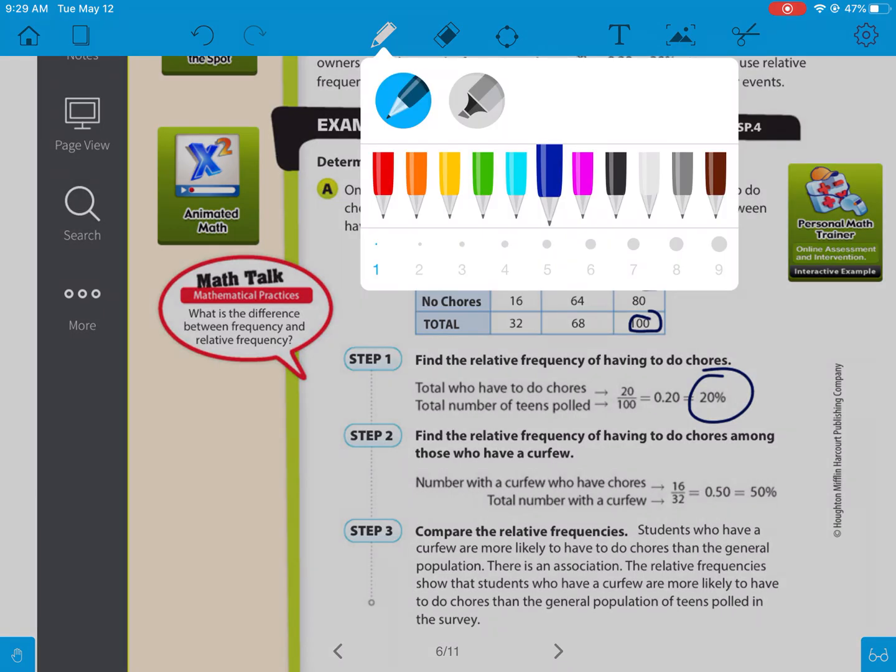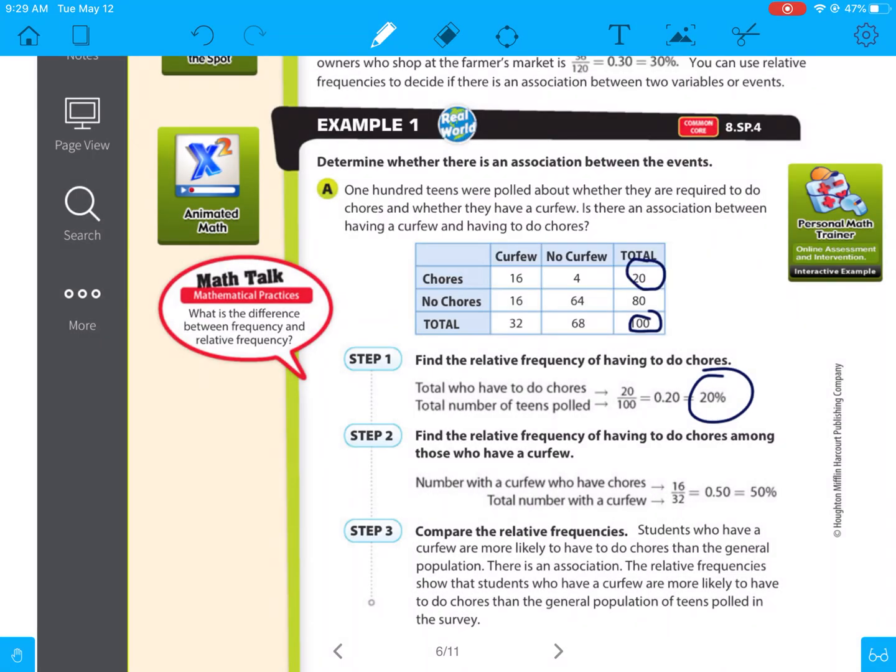Now we have to find the relative frequency of having to do chores among those who have a curfew. So we're only going to look at the curfew. There's a total of 32 people, and 16 of them do chores. So 16 divided by 32 equals 50%. So is there an association between having a curfew and having to do chores?